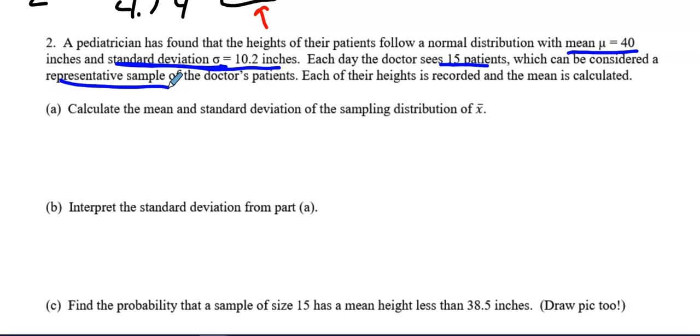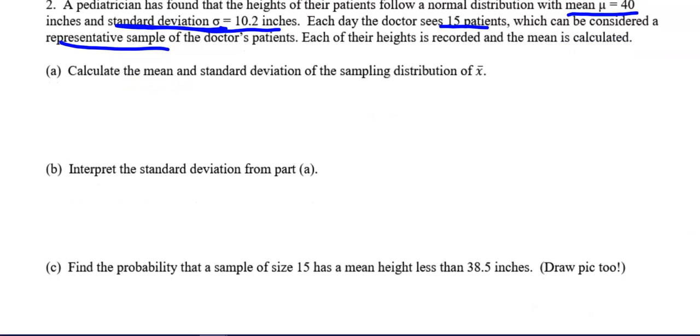Each of the heights is recorded and the mean is calculated. So again, if this problem said a pediatrician who sees ages 8 to 15, that would be a distracting number. We would cross it out because we don't care about that. We're going to do the same thing we just did. So we draw our funky U and put X bar next to it, and that was 40. That was our mean.